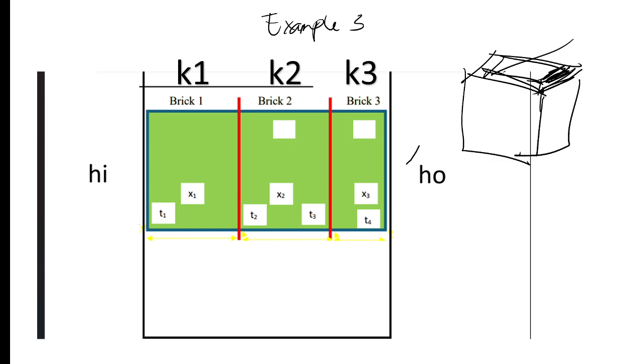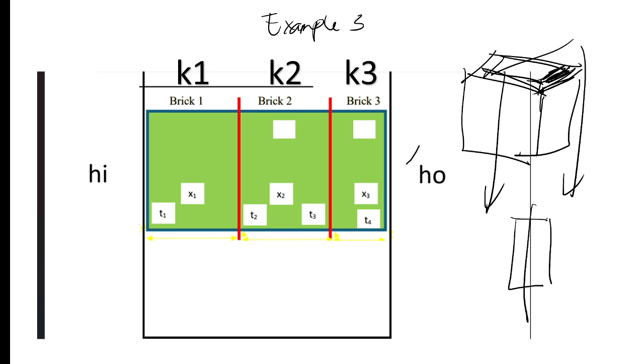I'm going to put a cutting plane here and then get that section. So the section now is this. There is this furnace inside, and then there are 3 layers: brick one, brick two, and brick three.